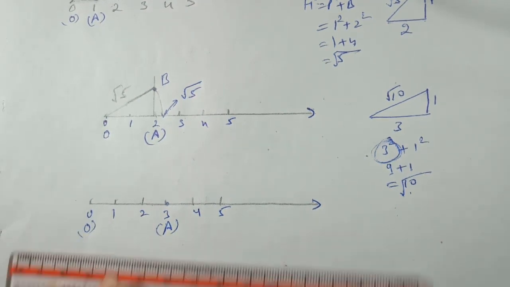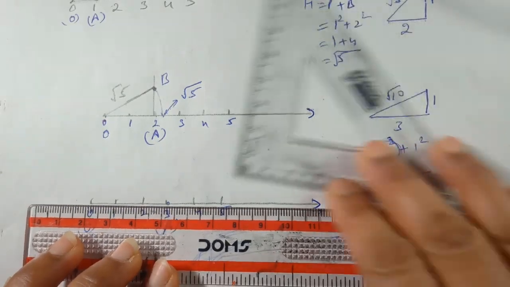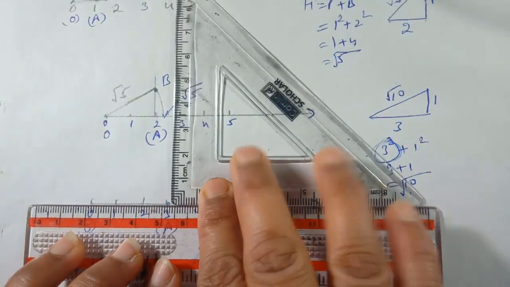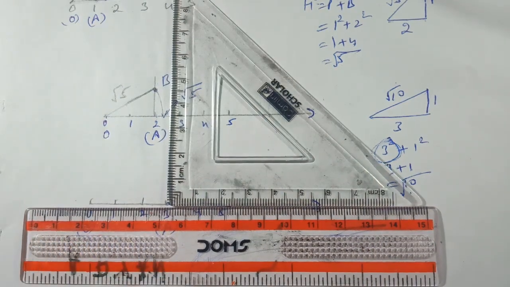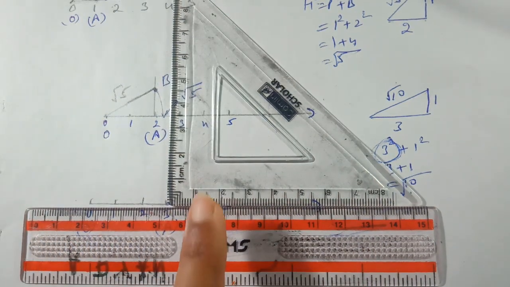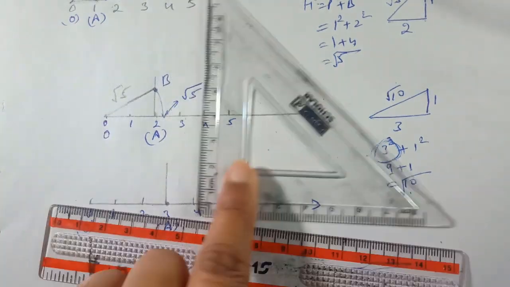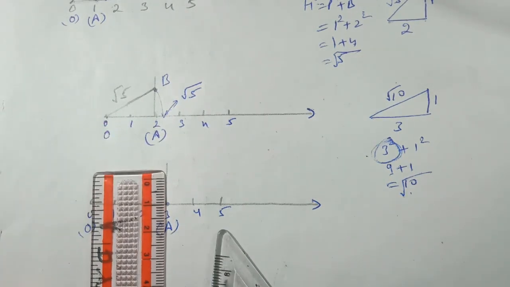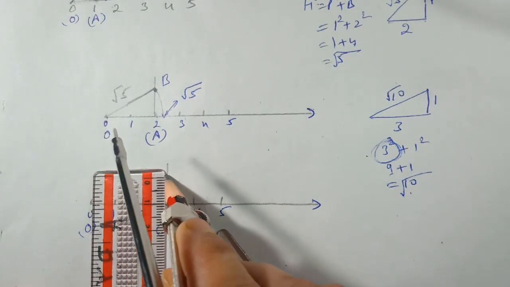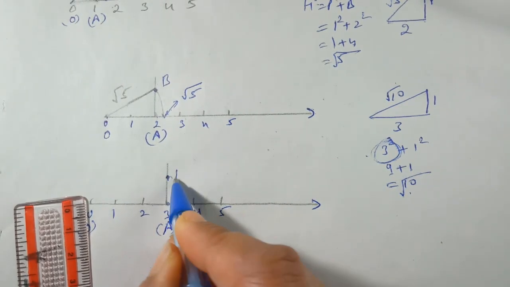On the point A we have to draw the perpendicular using the set square. Adjusting it on the line, draw it, and it should be of 1 unit. So this we get. Let us mark it as 1 unit.